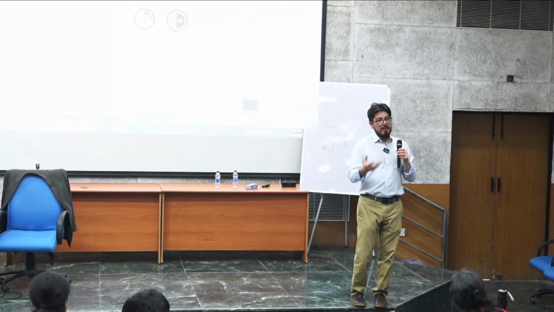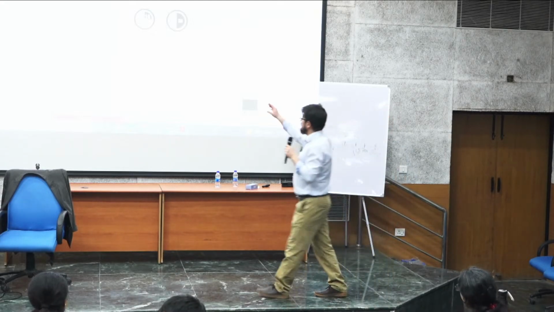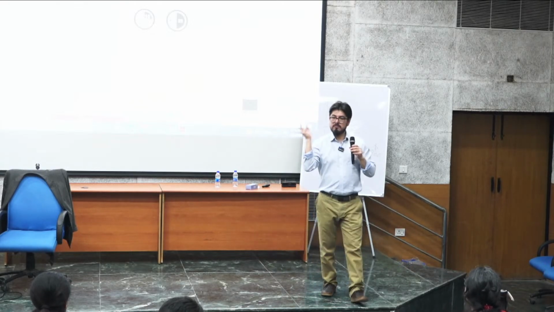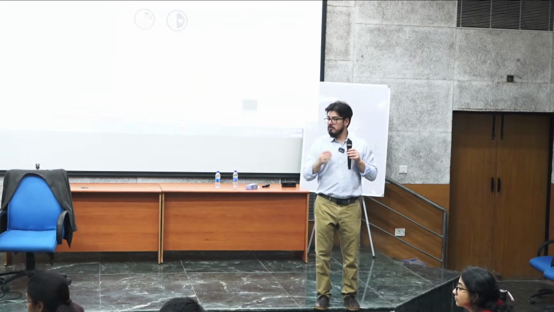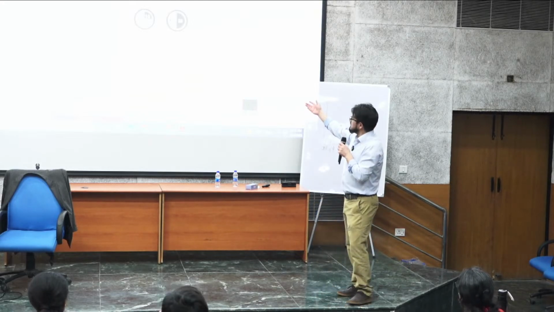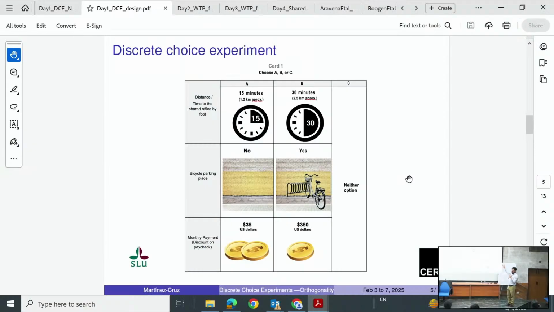The other questions that come after your discrete choice experiment relate to the attributes. If you think that there is one attribute that in particular is problematic, you could test your respondent after that. For instance, I could ask, how did you interpret the distance or time to your shared office?